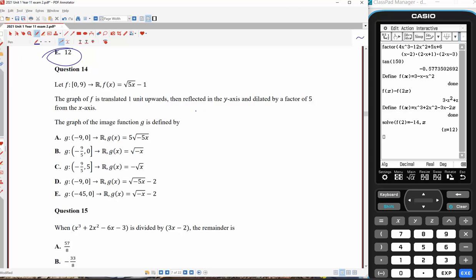Okay, so we've got x comma y maps to. F is translated 1 unit upwards, so that's x comma y plus 1. Reflected in the y-axis, so reflections in y negate x. Dilated by a factor of 5 from the x-axis, so dilations from x change y.